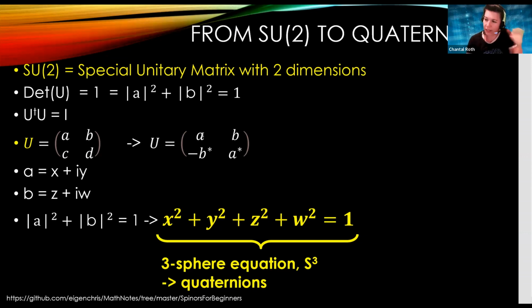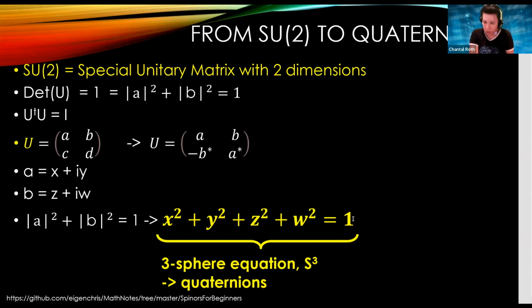So let's write A as x plus iy, and B as a different complex number, z plus iw. When we plug in the complex numbers, you get x squared plus y squared plus z squared plus w squared equals 1. Well, what does that look like? That's pretty obvious, right? That's the three-sphere equation.